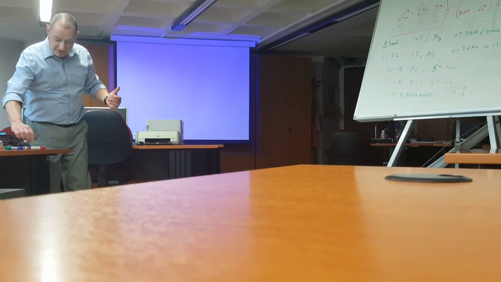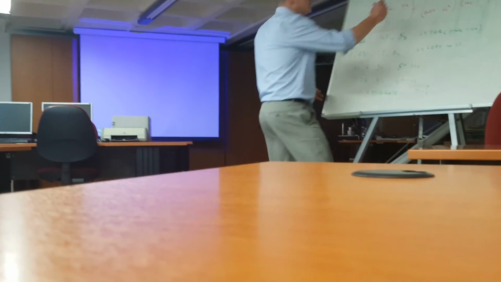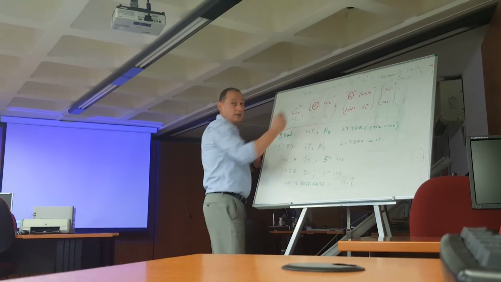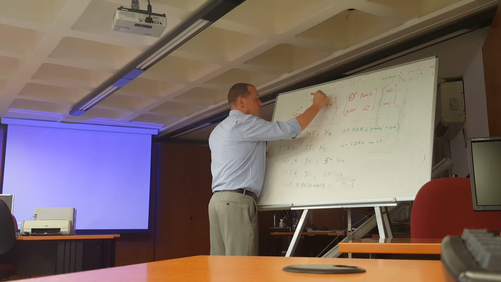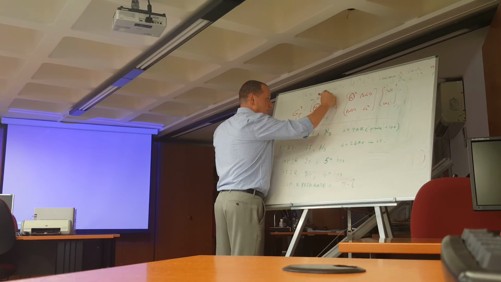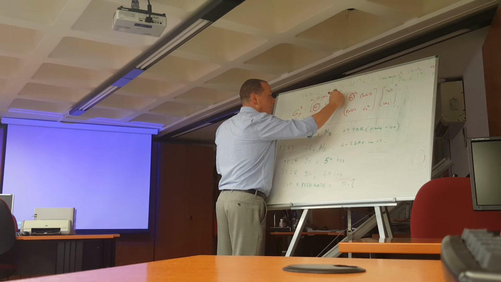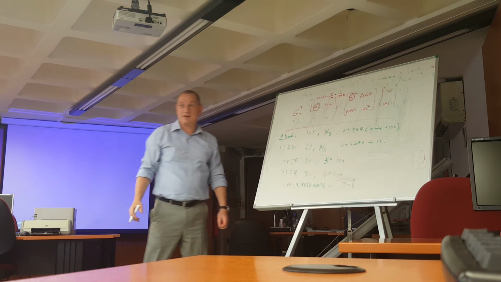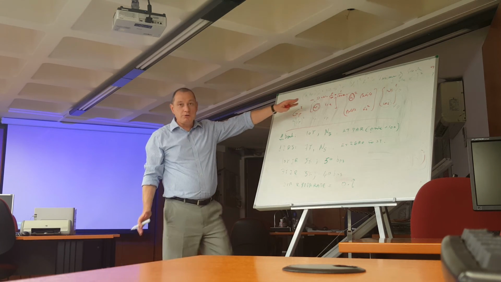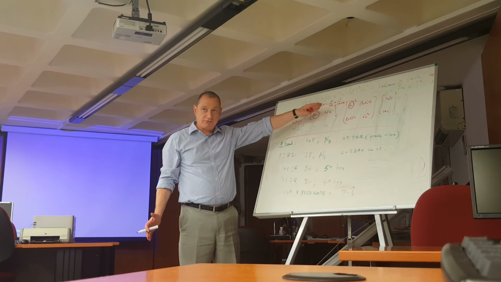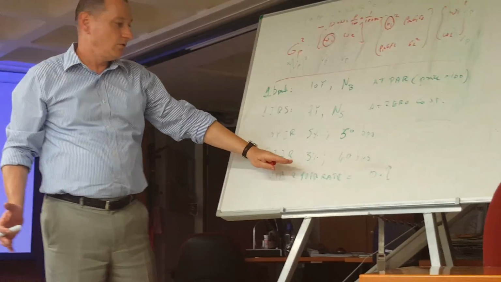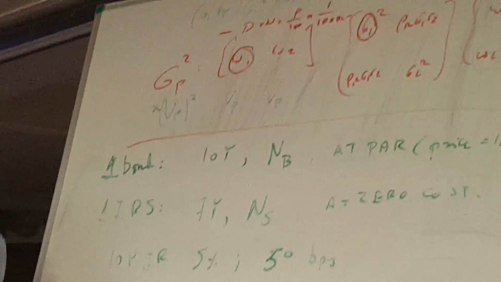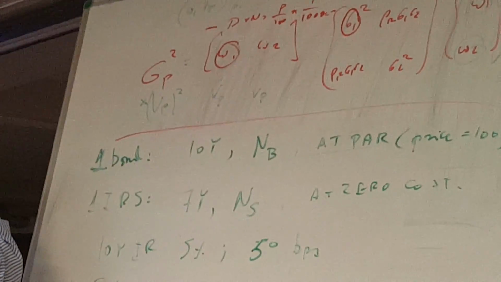So, if this then is my 30 basis points, it goes without saying that this, in the case of the bond, is my minus duration times notional times price over 100 times 1 over 10,000. Okay? And this is all you have to know to complete this for this portfolio. I guess it's time to take a break. 5 minutes, and then we get back.